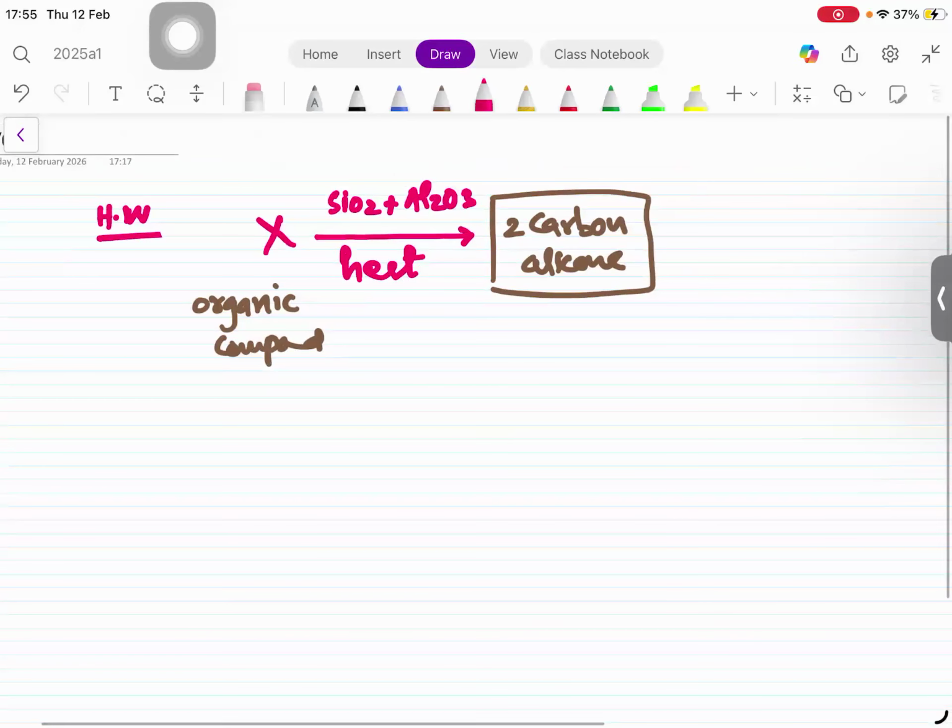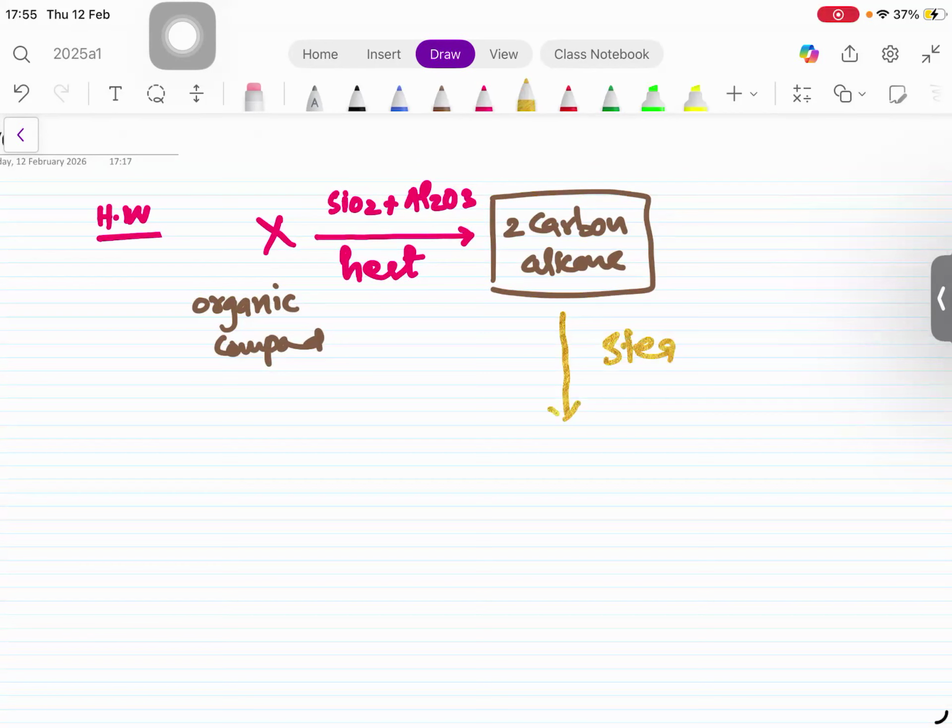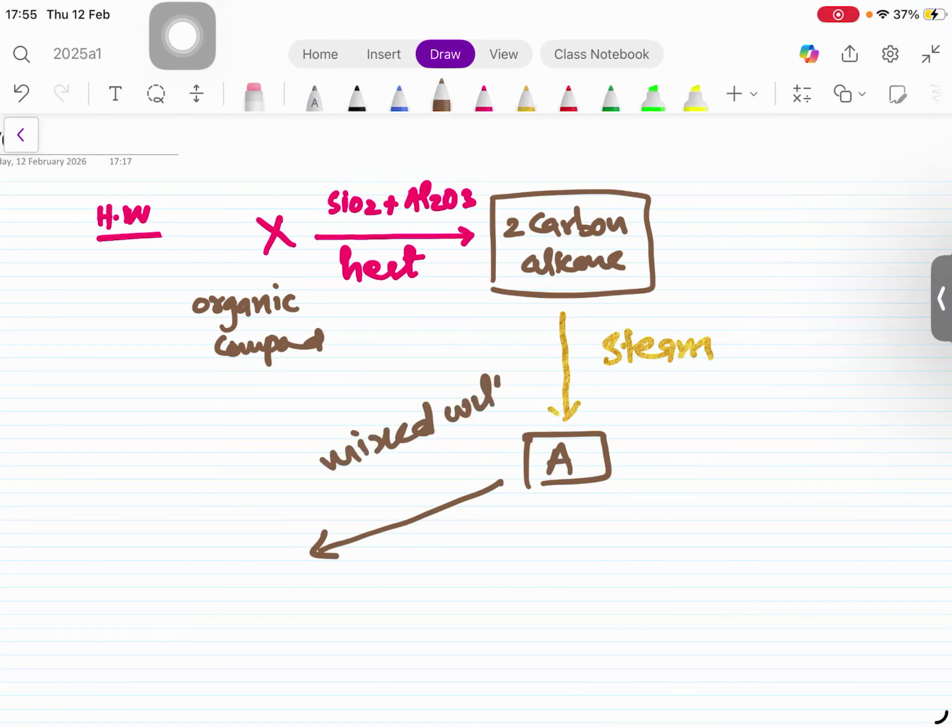Then this 2-carbon alkene is mixed with steam and turns into a compound A. This compound A is mixed with orange liquid, and a compound B is formed.